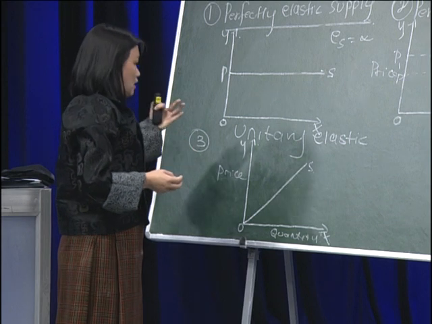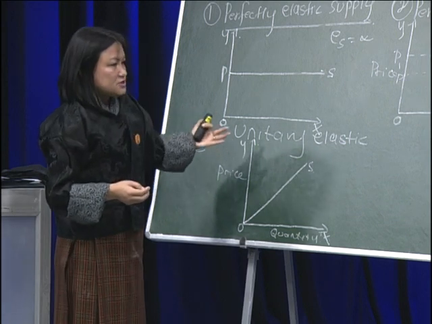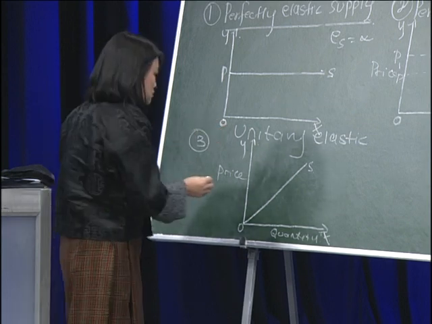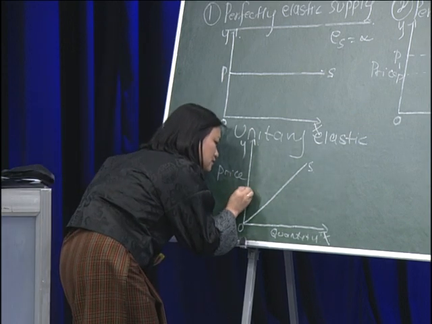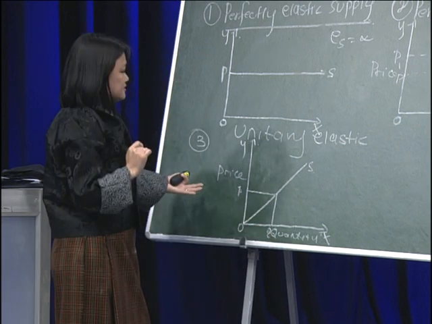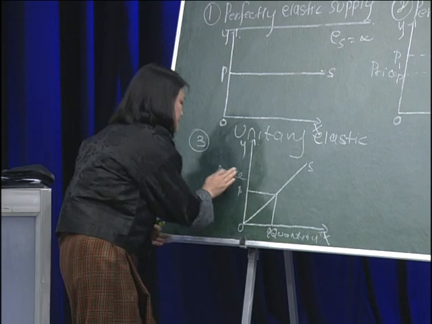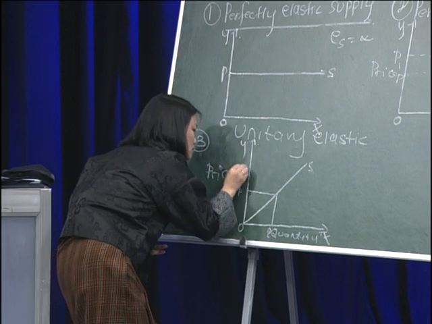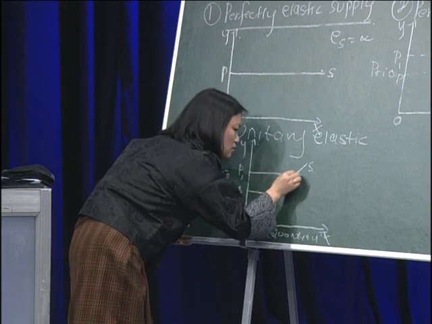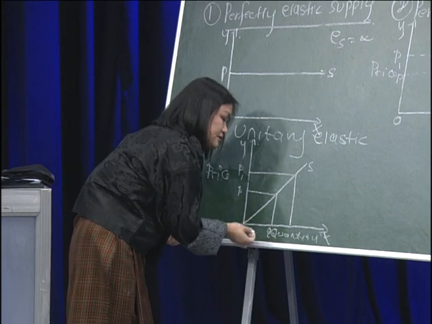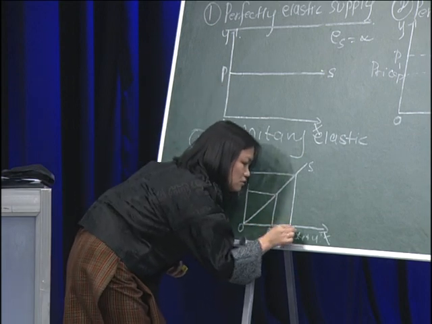That is, as the price changes, the quantity supplied will respond to the change in the price in an equal way. Let's consider P, price here, then Q. Now let's consider that the price has increased from P to P1. The quantity supplied will increase from Q to Q1.